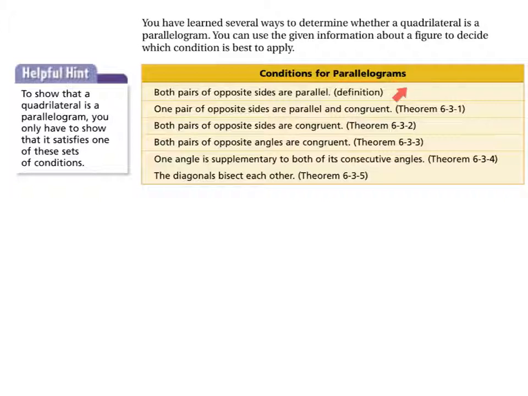By definition, you know that both pairs of opposite sides are parallel, or you can say one of these 5: one pair of opposite sides are parallel and congruent, both pairs of opposite sides are congruent, both pairs of opposite angles are congruent, one angle is supplementary to both of its consecutive angles, or the diagonals bisect each other. Any of those would be acceptable to show that a quadrilateral is a parallelogram.